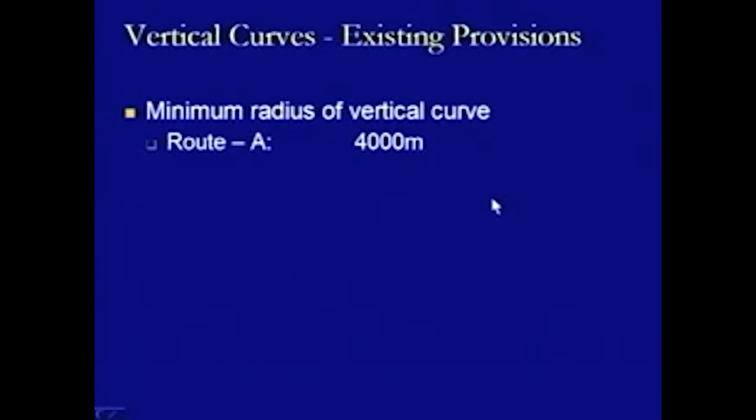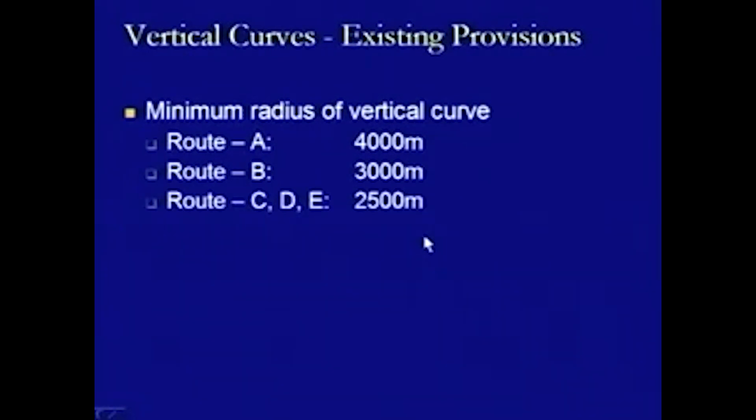For route A of broad gauge, the minimum radius of the vertical curve is 4000 meters, whereas for route B it is 3000 meters. Then for routes C, D and E, it is 2500 meters. So, these are the values of the minimum radius of the vertical curve for different routes of the broad gauge.